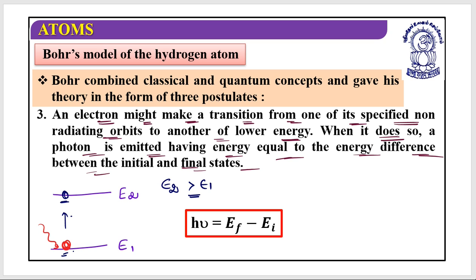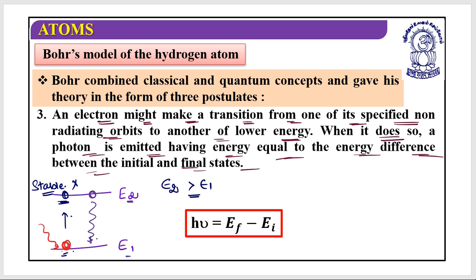When it has shifted itself to the next energy level, E2, it is not stable here, so this electron will jump back to this situation.